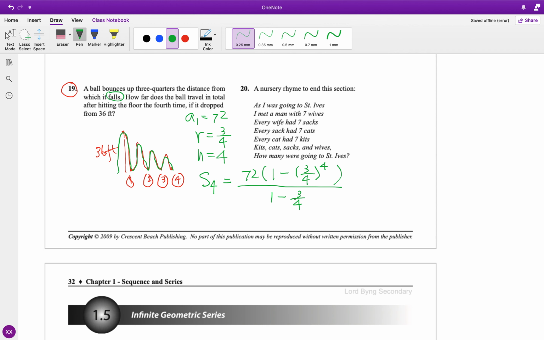After you calculate this, because it's asking the total distance traveled, this should not include this part. Therefore, the total should be my S4 subtract 36. And then that is the total distance traveled. All right.